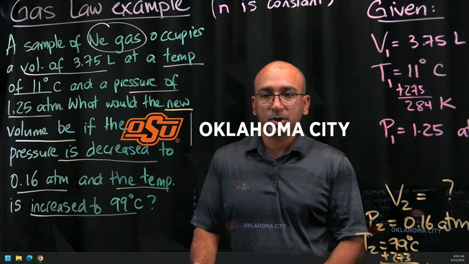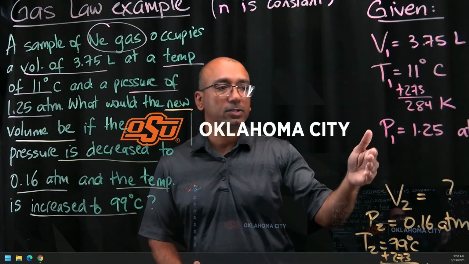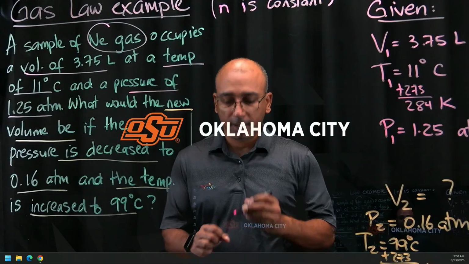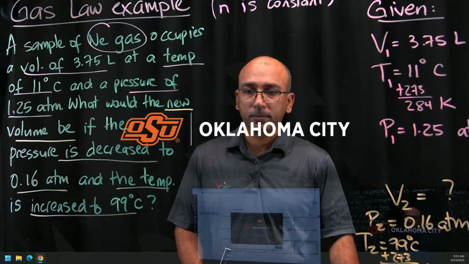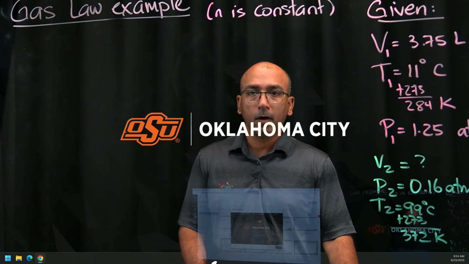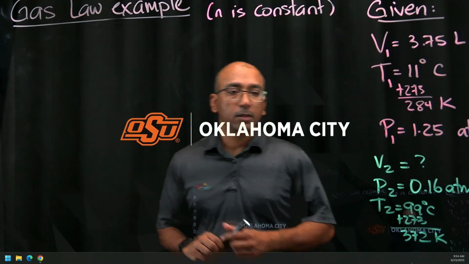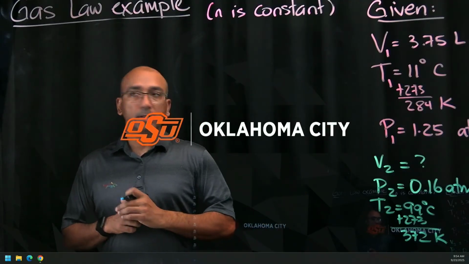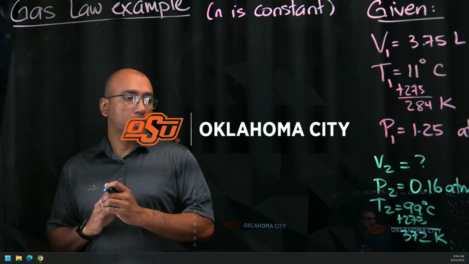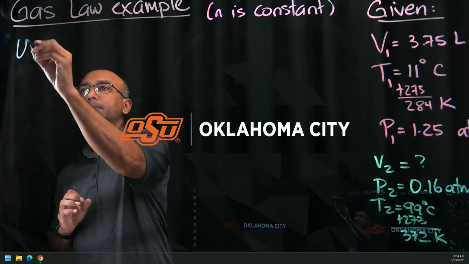And there's one gas law that has all of these three in it, and that's the combined gas law. All right, so we're going to use the combined gas law because we have the P, V, and T that were given in the problem.